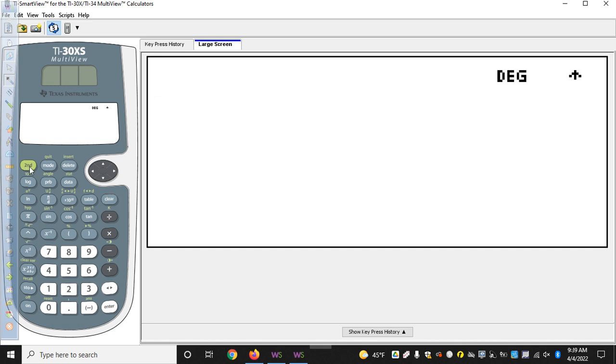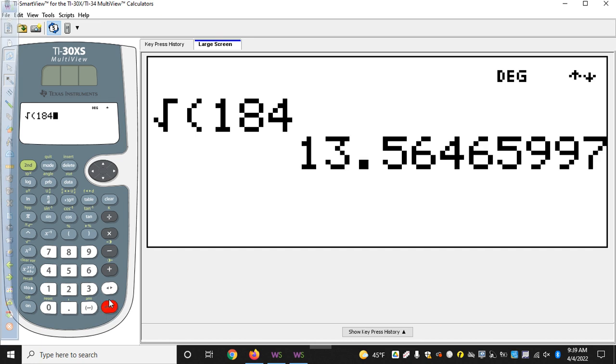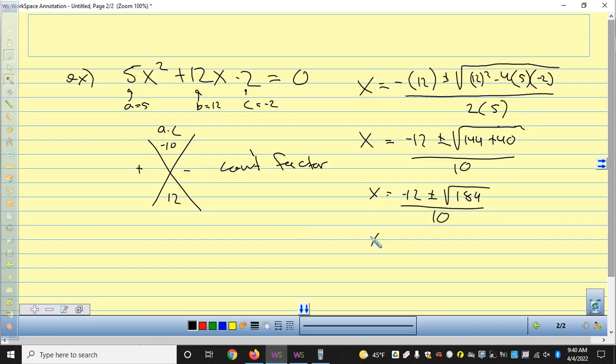So I'm going to do second square root, and my number is 184. And that's about 13.56. So this is x equals negative 12 plus or minus 13.56 divided by 10.